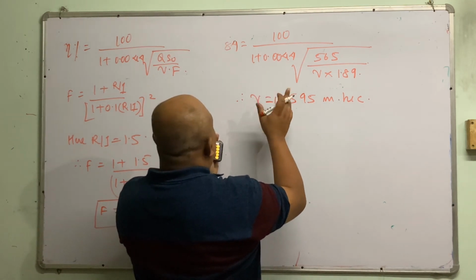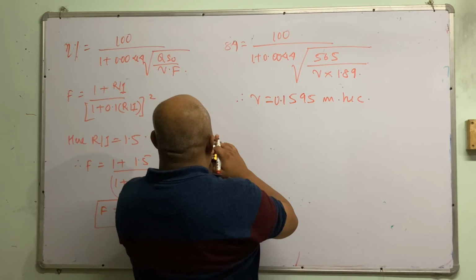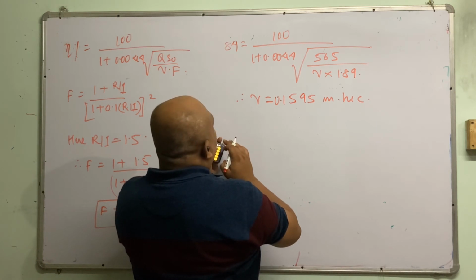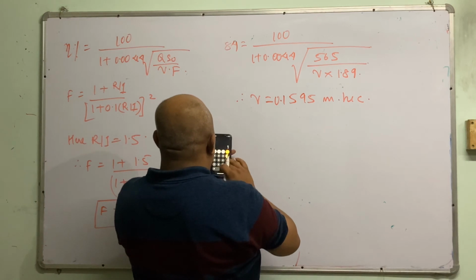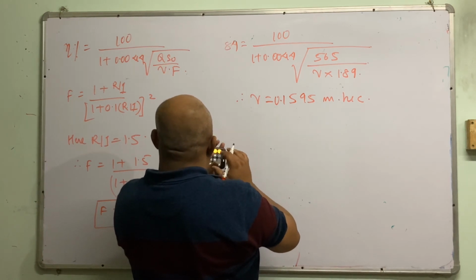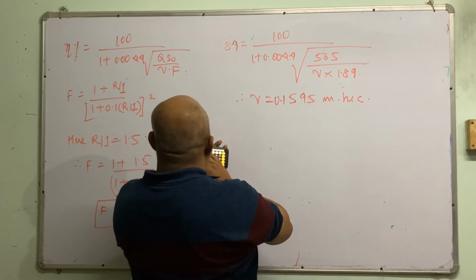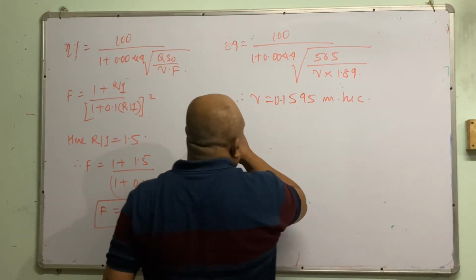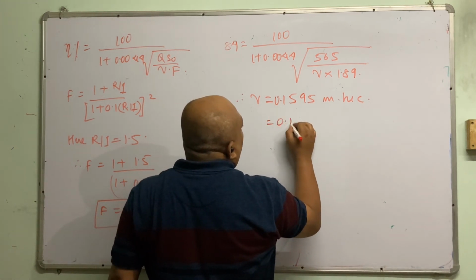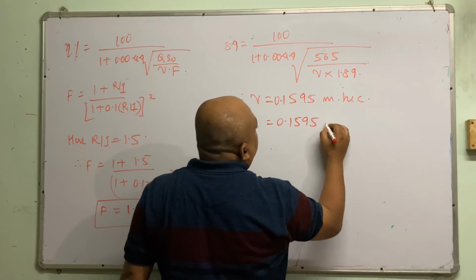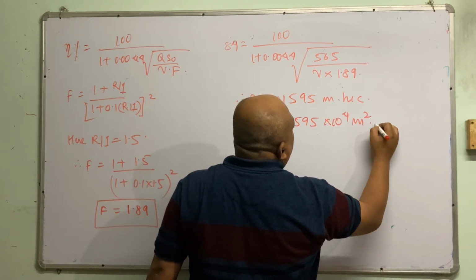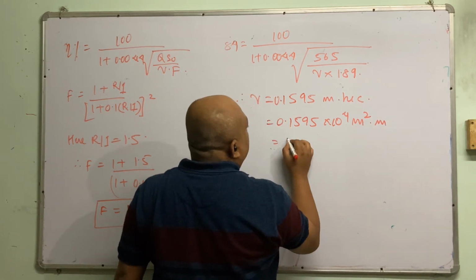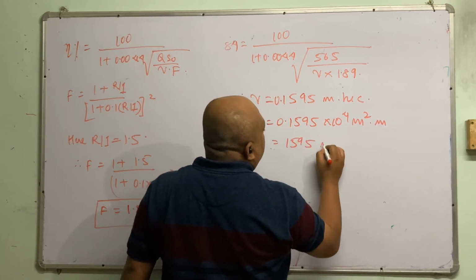I have taken it, divided by 565, into 1.89, this inverse I have to take. Okay, fine. So this is equal to 0.1595 into 10 to the power 4 meter square into meter, which is equal to 1595 meter cube.